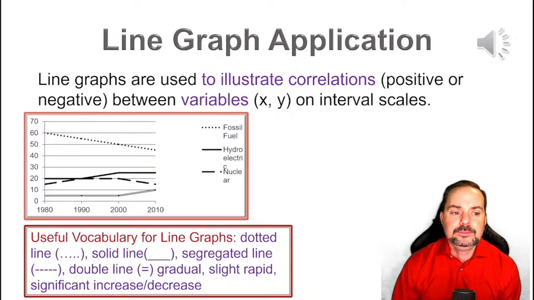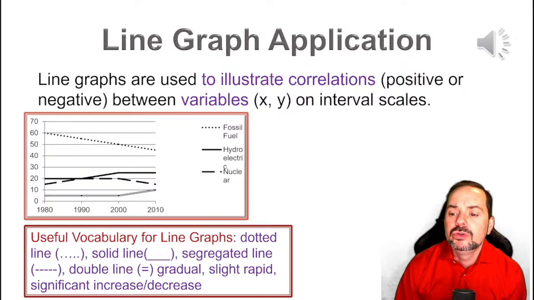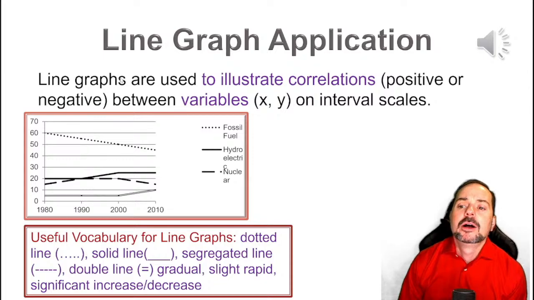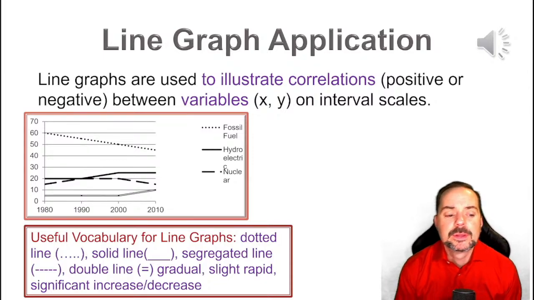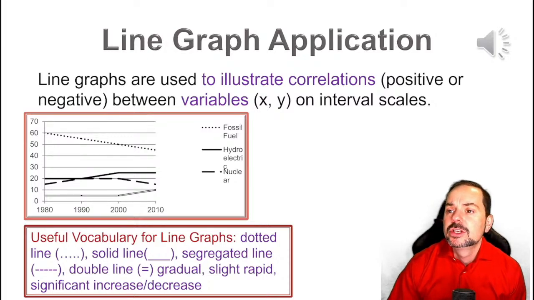So line graphs are used to show the correlation, positive or negative, between variables x and y, on these interval scales. So what I mean by that is you have these correlations, and correlation means basically a negative or a positive.